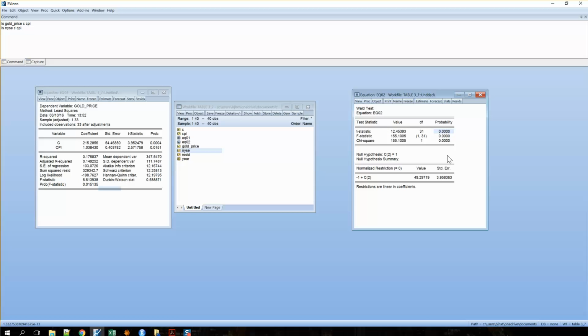Very, very low p-value here. So we can happily reject the null hypothesis that the true statistic is equal to 1.